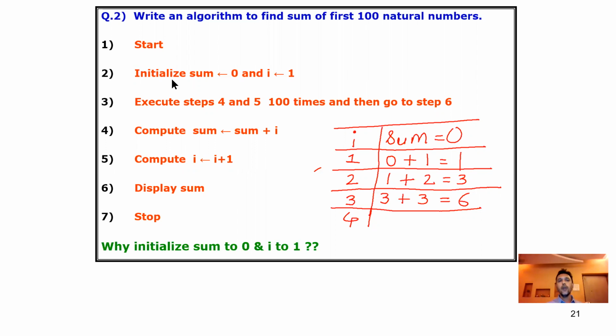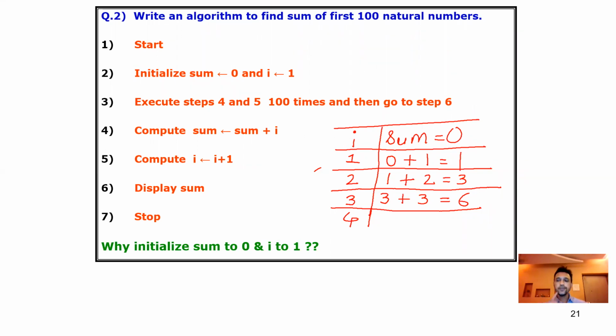Now when you use variables, you should give them some initial value. It is a rule of every language, whether it is C or Java or Python, that whenever you use any variable, you have to give it some initial value. So till here you have understood that you need to give some initial value to a variable. Now the first question in your mind could be, why is I initialized to 1? That answer is very simple. We are supposed to find the sum of the first 100 natural numbers.